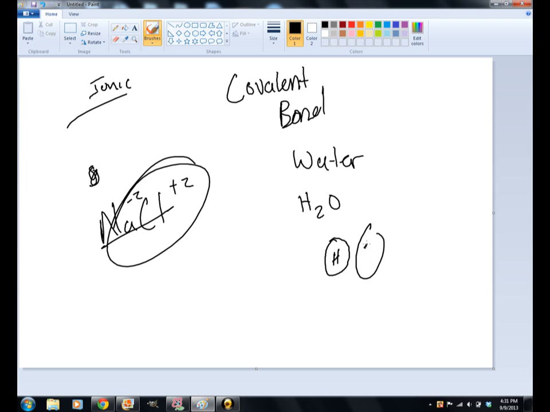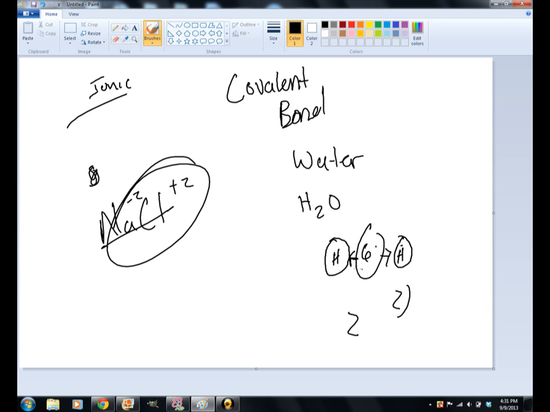It needs 2 more. It has 6 right now. So what does it do? It says, hey, we share 1 here, we'll share 1 here. And hydrogen's happy because it has 1 here and 1 here for a total of 2, which fills out the first layer.